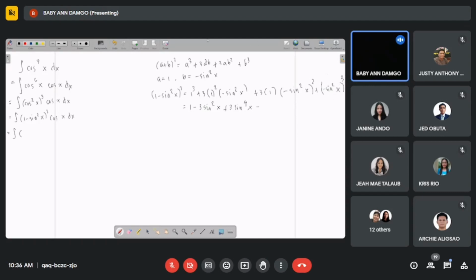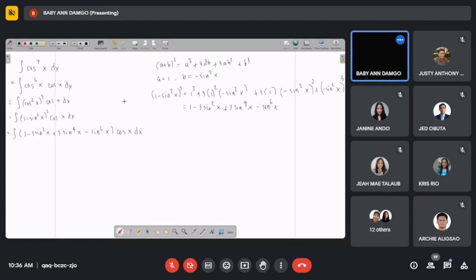And then sine squared x to the power of 3 is sine to the power of 6x. Okay, so we have here 1 minus 3 sine squared x plus 3 sine to the fourth x minus sine to the 6x times cosine x dx.